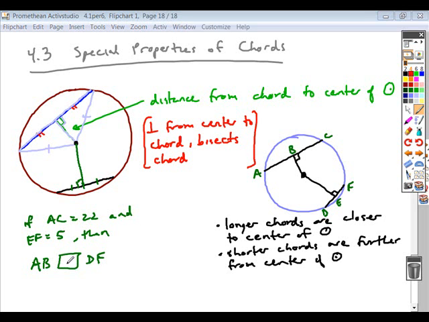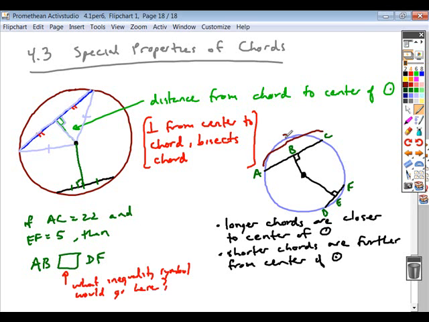What inequality symbol would go here? Well, if AC is 22, what does that mean AB is equal to? This perpendicular is going to bisect our segment, so this will be 11. So we're comparing 11 to DF. If FE was 5, once again this perpendicular is going to bisect that. What's the total length FD then? And so the inequality symbol would be a greater than.